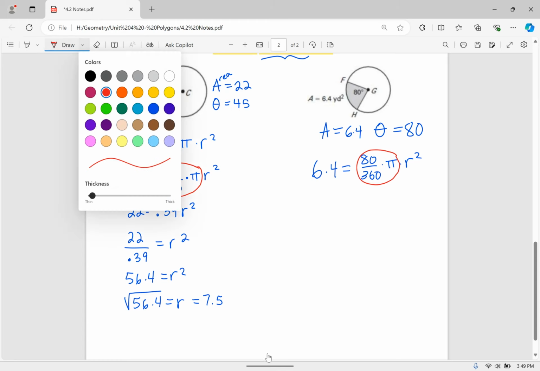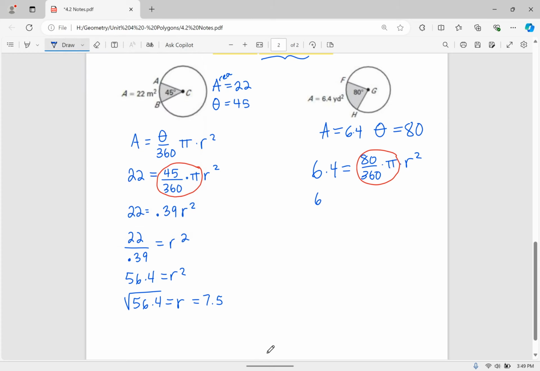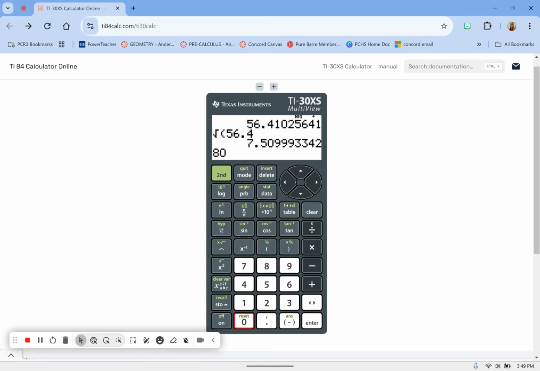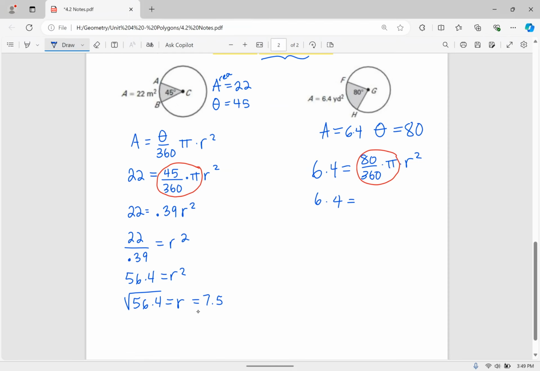When I type that in, that is going to give me 6.4 equals 0.22. Well, let me go to my calculator real quick and do that one for you. So 80 divided by 360 times pi, 0.698. So let's just round that to 0.7.